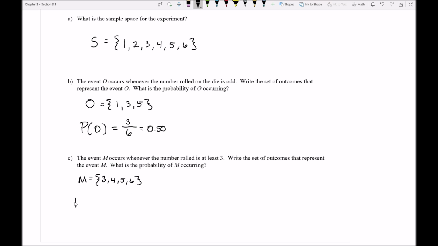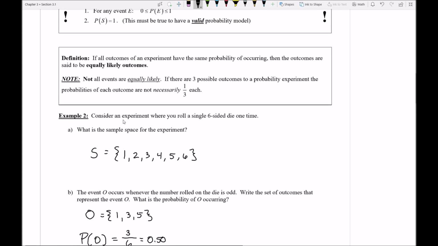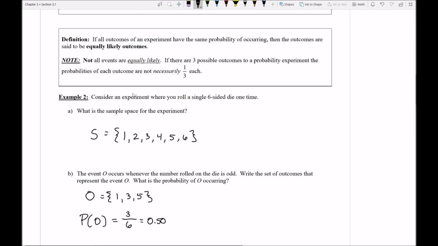So notice, then if I wanted to find the probability of M, since again I have equally likely outcomes when I roll a die here, I'm going to end up with 4 options out of 6, which gives me roughly 0.6667, or a 66.67% chance. So this kind of demonstrates how I could go ahead and start to loosely measure probabilities if I had simple, equally likely outcomes.